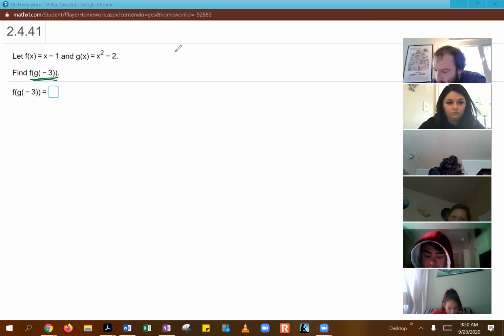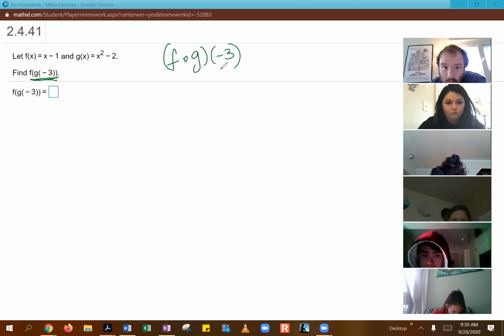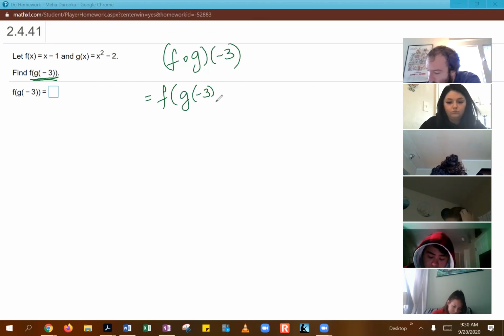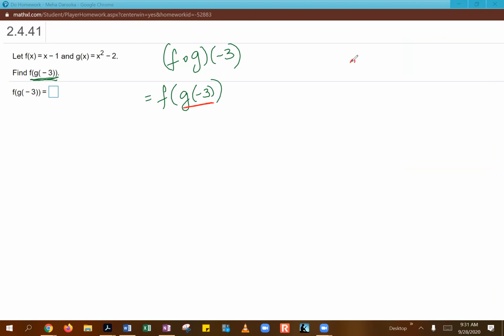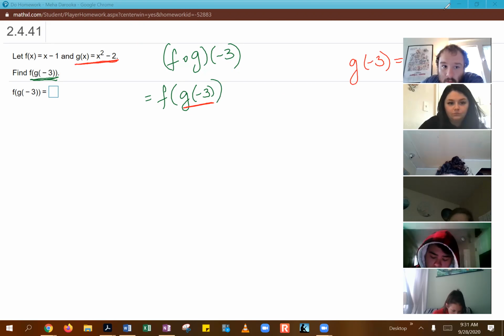Using our composition symbol, that would be f of g evaluated at -3, which becomes f on the outside, g on the inside at -3. So the first thing we are going to do is start with the inside function, g of -3. You are going to take g and evaluate at -3. So let's start with this guy. What do you think g of -3 will come out to be?